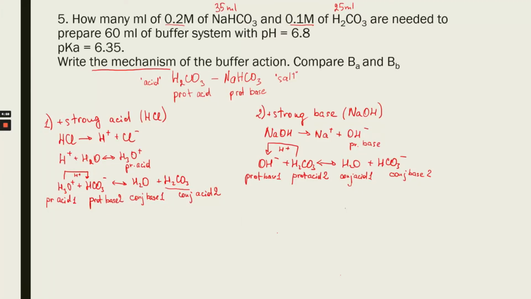And the last question, to compare buffer capacity by acid and buffer capacity by base. So to compare it, we have to compare the number of moles of salt. Salt neutralizes acid, strong external acid, so I write this below. And we have to compare number of moles of salt with number of moles of acid.